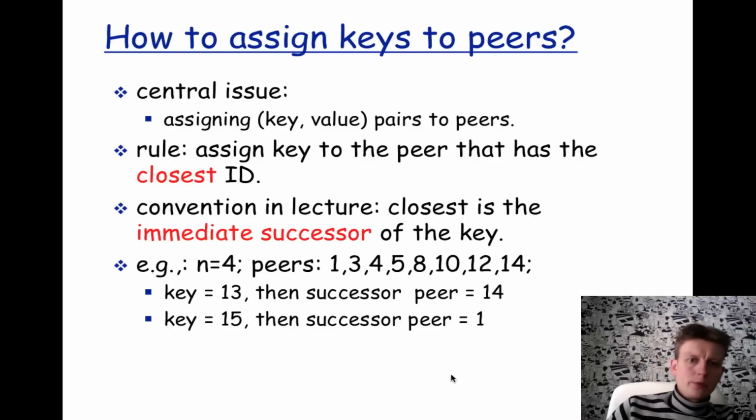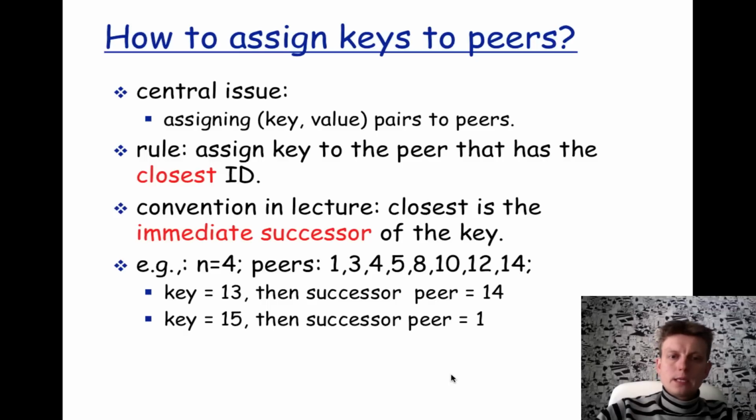Let us assume for a moment that we have a set of computed key-value pairs, where the value would be, for example, the name of the file that we store in a file sharing peer-to-peer network, and the keys would be the results of computing the hash function based on the name of the file.